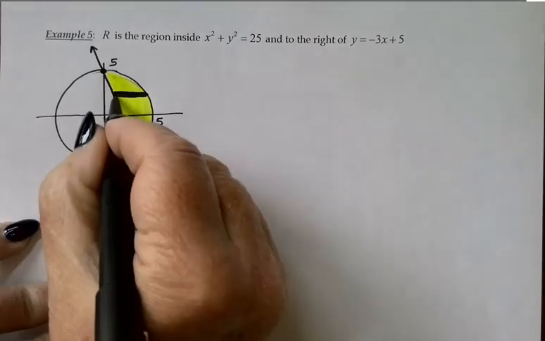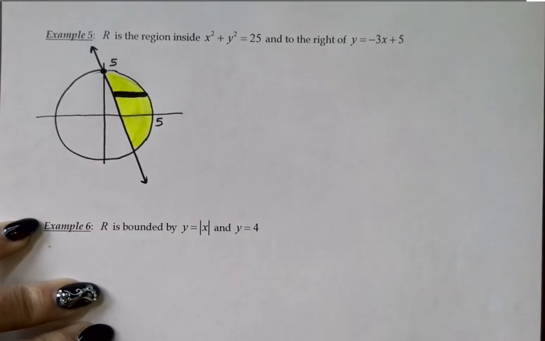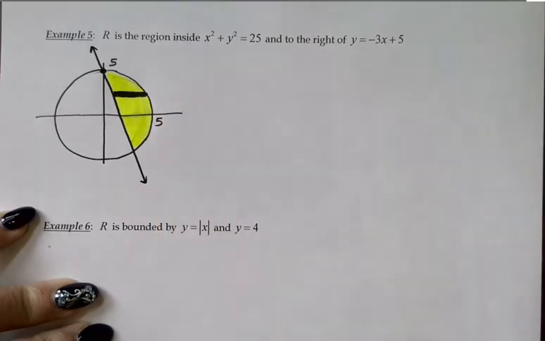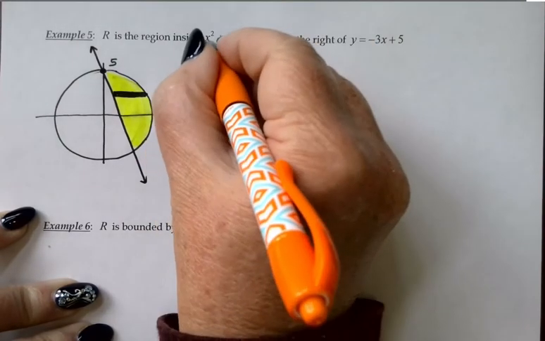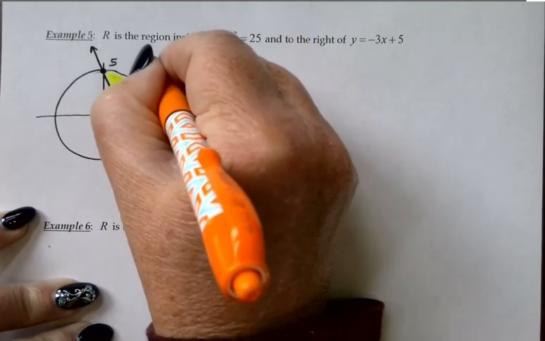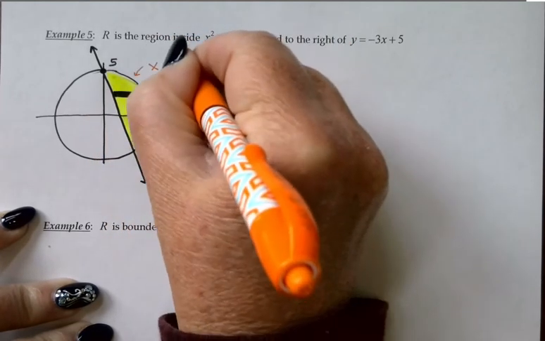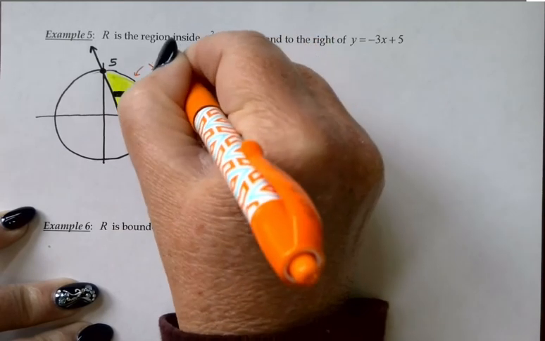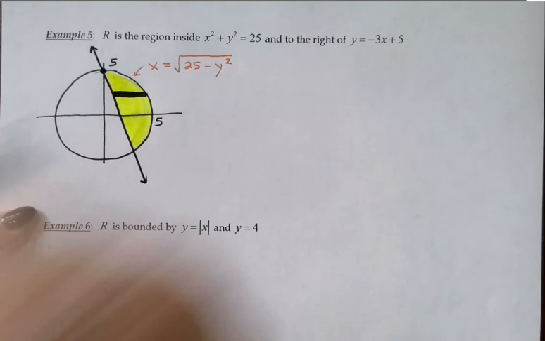Since I am going left to right, I'll need my equations solved for x. So let's start with this first one. The circle itself, solving that for x, I would have 25 minus y squared, and then I would have to take the square root of that.